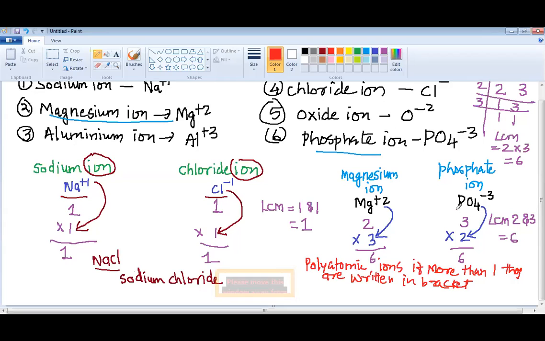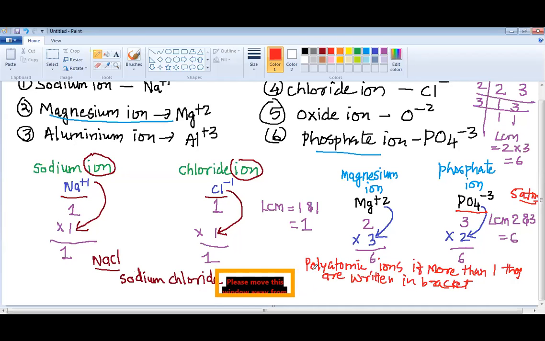Here you can see that phosphate ion has got 1 phosphorus and 4 oxygen, that are total 5 atoms. So it is polyatomic and it is required more than one, that is 2. So we shall write it in the bracket.